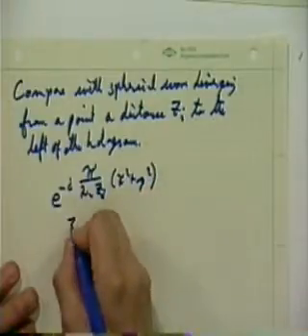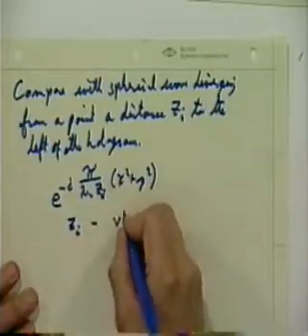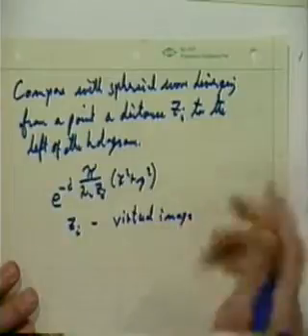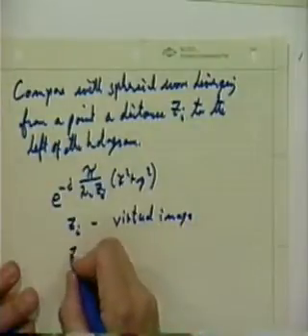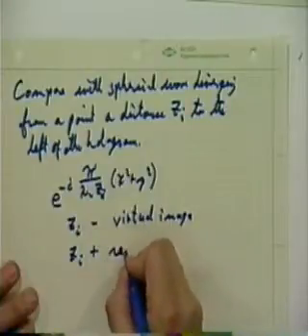And I'll just say it again. If z sub I is negative, it's a virtual image, so it is to the left of the hologram. Z sub I positive would be a real image.